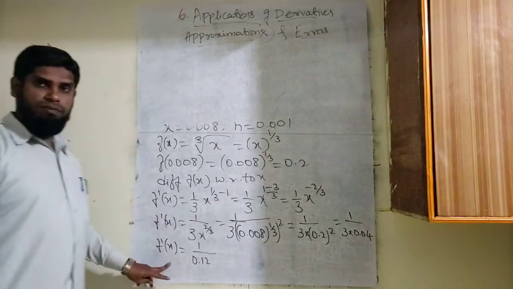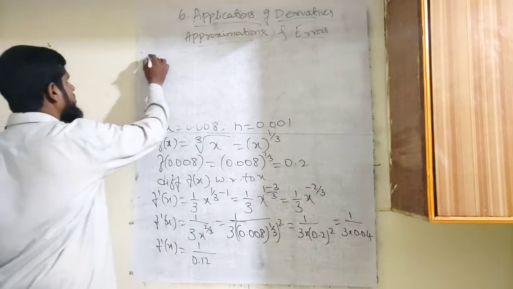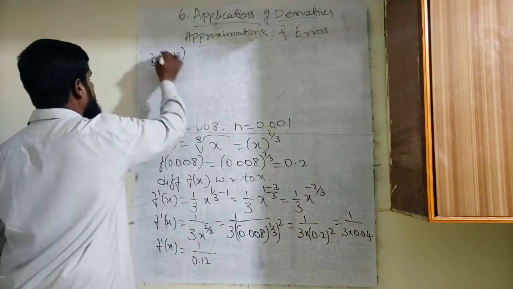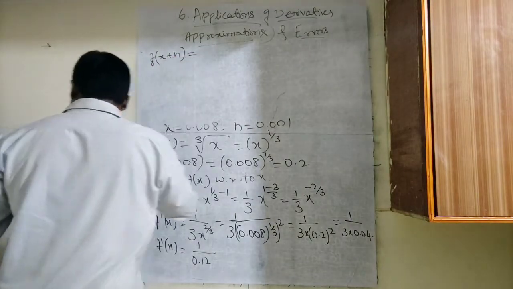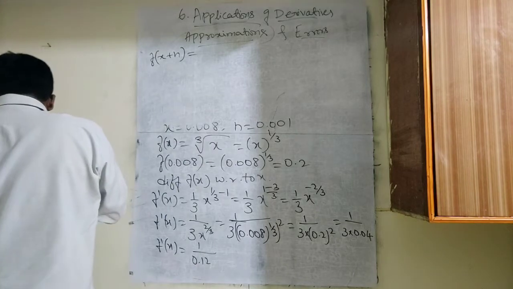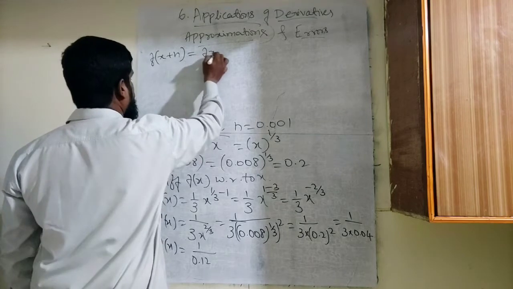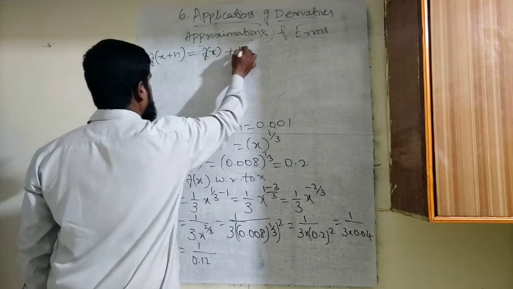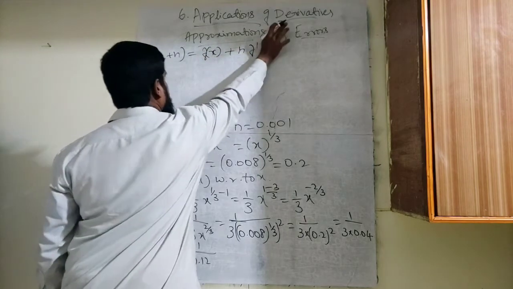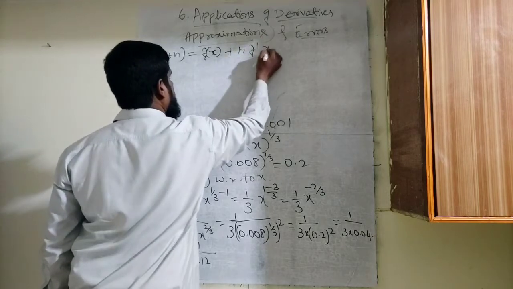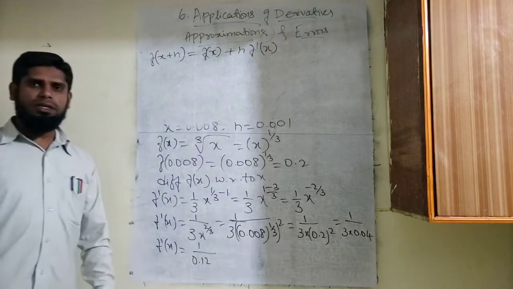So what is the formula for this? The formula is f of x plus h is equal to f of x plus h into f dash of x. This is the formula.